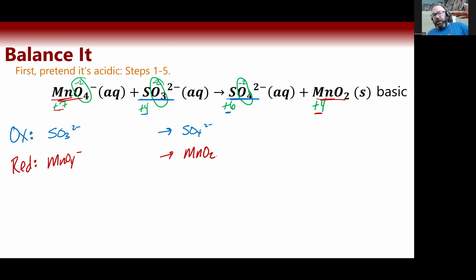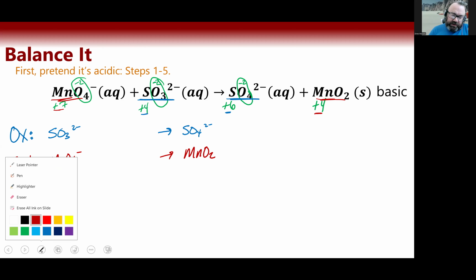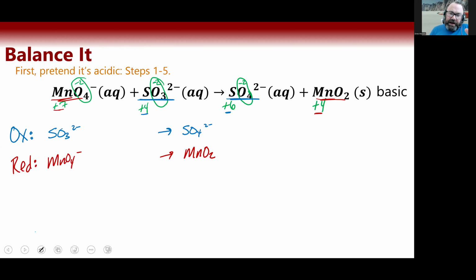All right. So remember, we have 4 things to balance for the halves. We're going to balance all of the atoms first, except for hydrogen and oxygen. So sulfur is balanced, manganese is balanced, so that's done. Then we have to balance the oxygens by adding water. So here we have 3 oxygens and here we have 4.